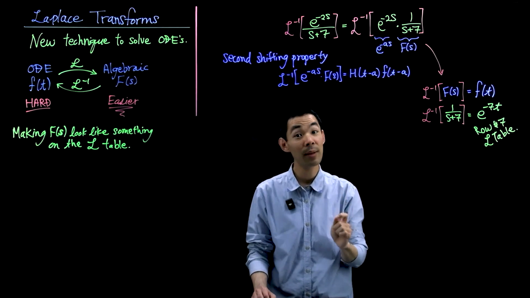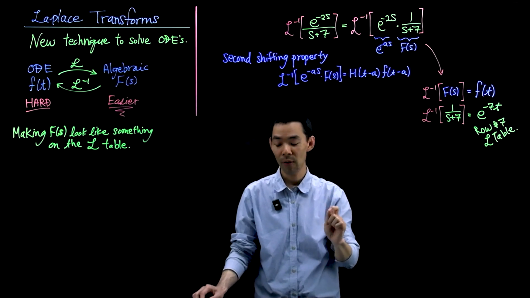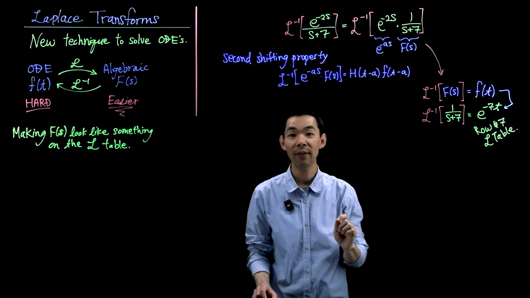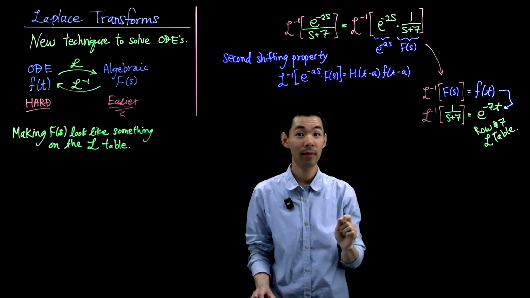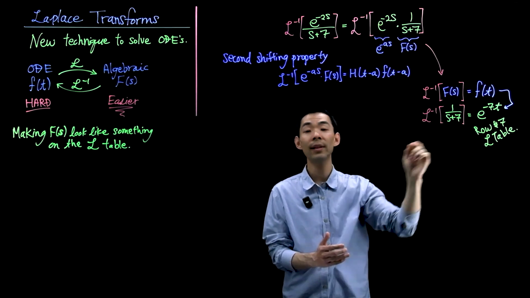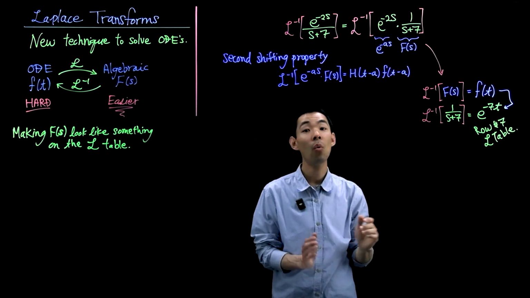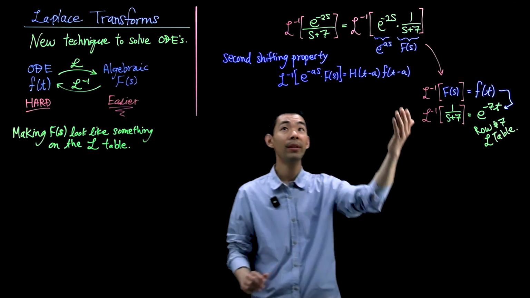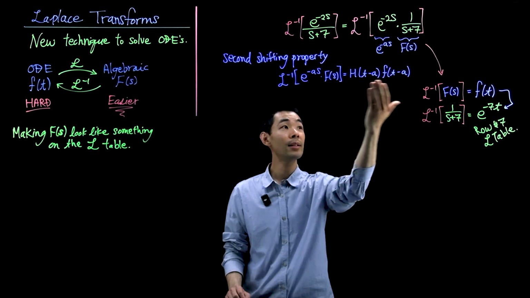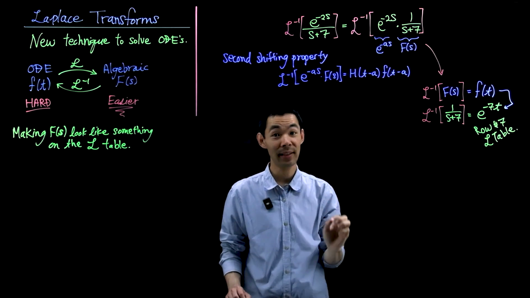And this is the most important point. And this is where a lot of students get confused and make mistakes. Now, the function we just got, that is equal to little f at time t, right? I've just used the definition, and this is capital F. This is little f of t is equal to e to the -7t with no time delay. But to use the second shifting property, you see on the right-hand side that it is equal to the function f evaluated at t minus a.